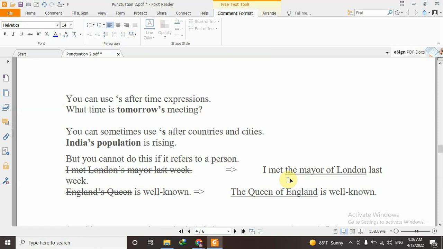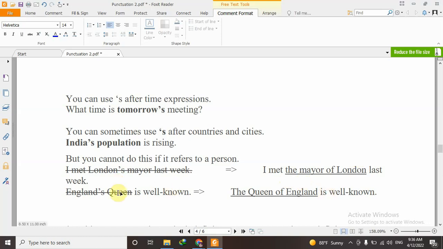The one who is using it is belittling her and is against the queen, not within the government. Actually you cannot say England's queen. You are going to say the Queen of England.